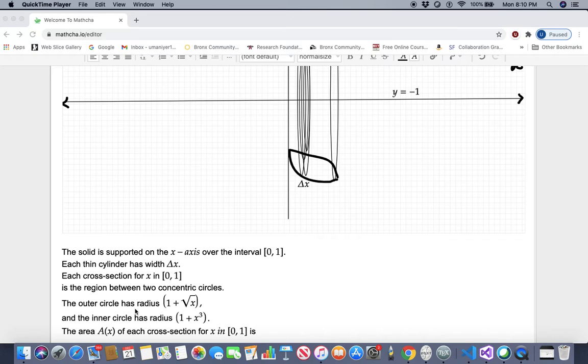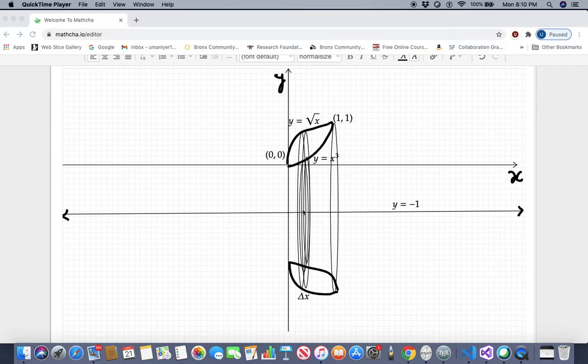Now let's understand the outer circle. The outer circle has radius 1 plus square root x. Well, that's the center of your circle. To find the radius all the way there, first you have to go to the x-axis. From the center to the x-axis, that distance is 1 because this is the line y equals -1.